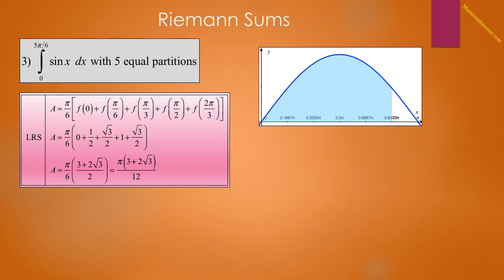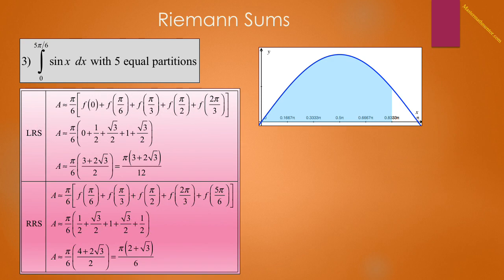So we get pi over 6 times the quantity 0 plus 1/2 plus the square root of 3 over 2 plus 1 plus the square root of 3 over 2. Getting the common denominator, we can write that as pi over 6 times the quantity 3 plus 2 square root of 3, all over 2. And the final answer is pi times the quantity 3 plus 2 square root of 3, all over 12.